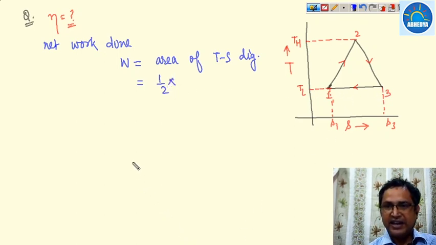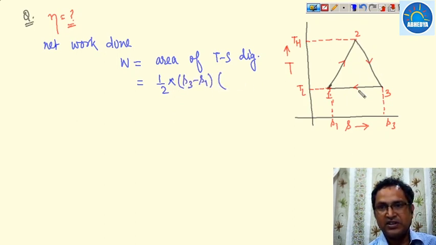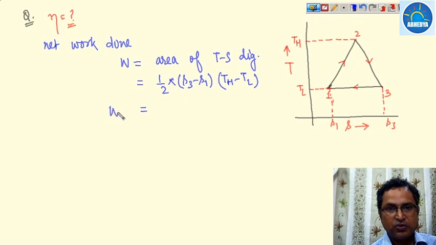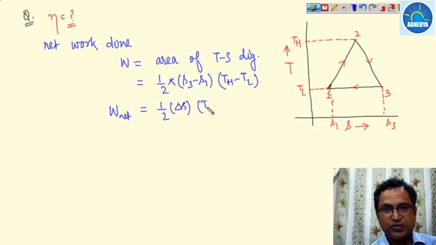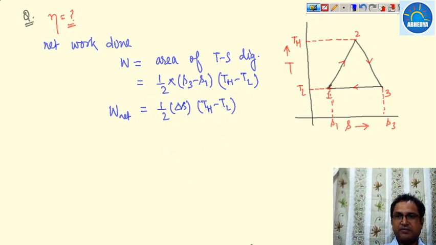Base is your delta S, that is S3 minus S1, into height. What is the height? Height is TH minus TL. So net work done W is equal to half, now let us assume that S3 minus S1 I am writing as delta S, into TH minus TL.